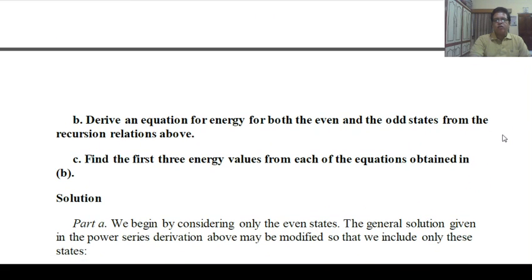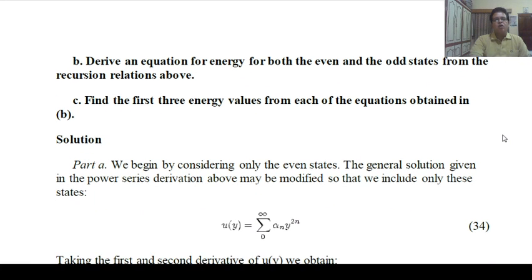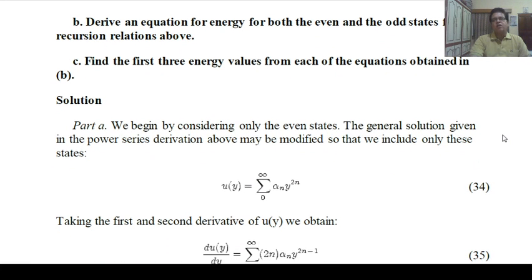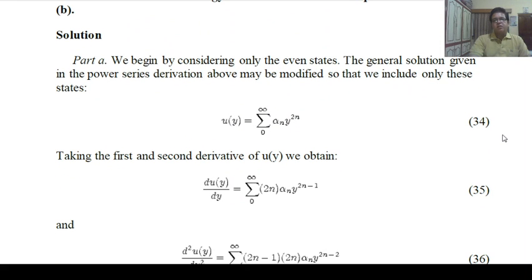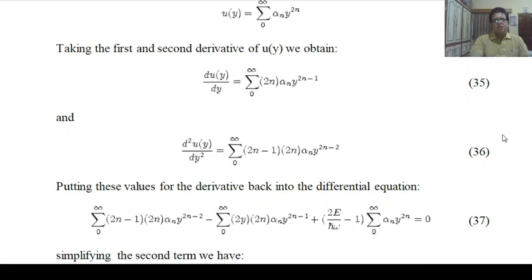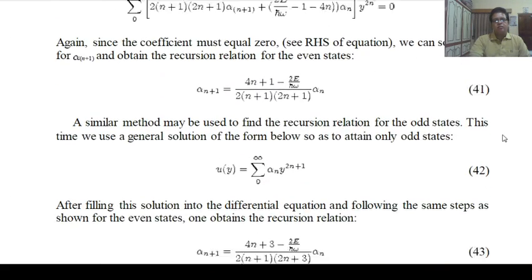Derive an equation for energy for both the even and odd states from the recursion relation above. Find the first three energy values from each of the equations obtained. So steps are given here, so you can easily understand it and do it.